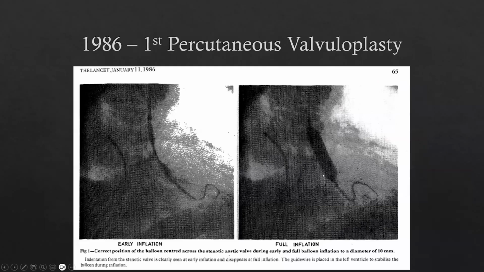So let's start by going back nearly 40 years ago when the first percutaneous valvuloplasty was performed. You can see that radiology has advanced significantly since then, as these were the best fluoroscopic images, published in the Lancet in 1986, showing a balloon and catheter across the aortic valve, deflated and then inflated here, propping open the aortic valve.